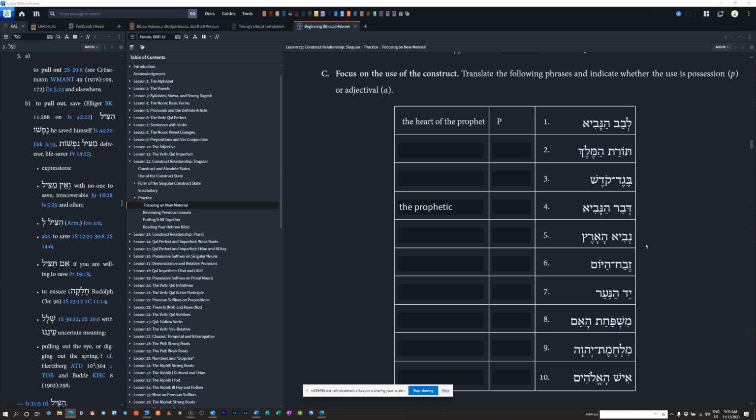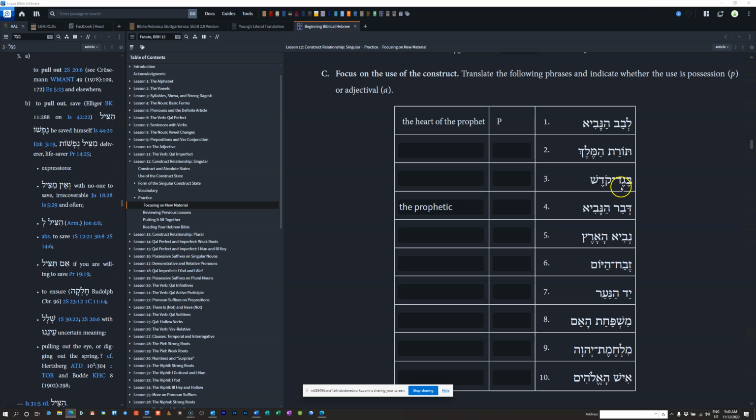Number 5, we've got Navi. And again, some of these, like Davar, in the absolute, this would be Davar with 2 kametzim. But here we've got Devar with the Shava and Patach. Navi in the absolute would be Nun Kametz. You see that up here, Nun Kametz. But here it's Nun Shava. So some of these words you can tell that they're in construct.